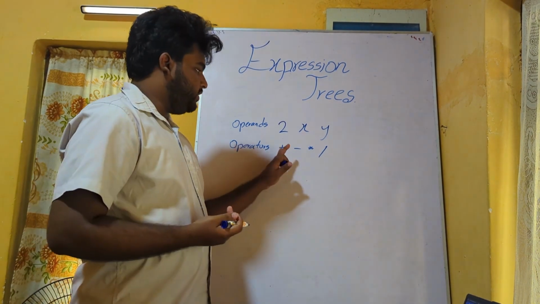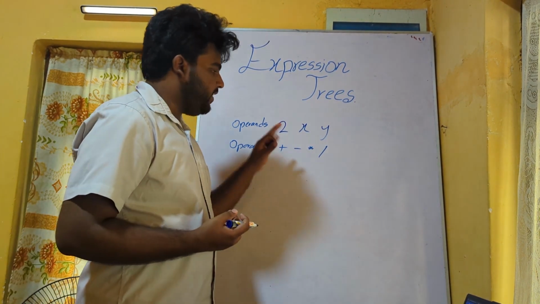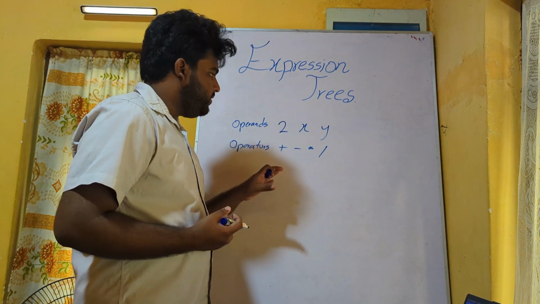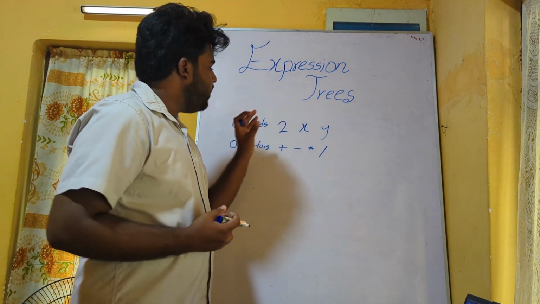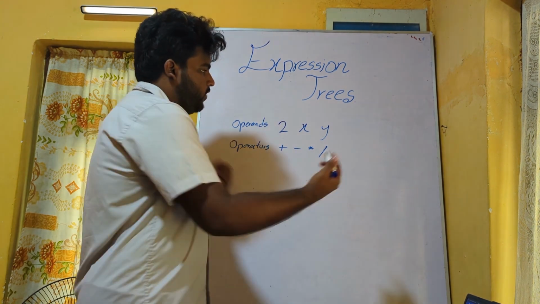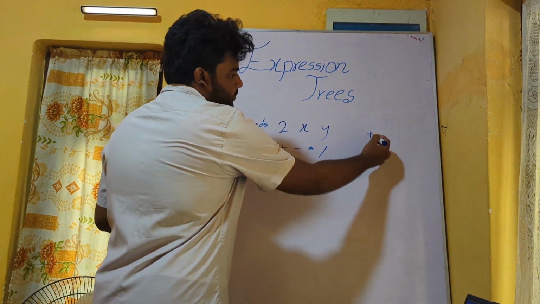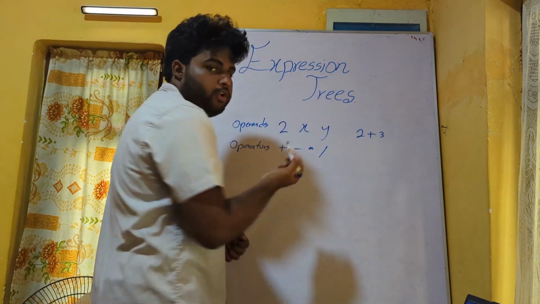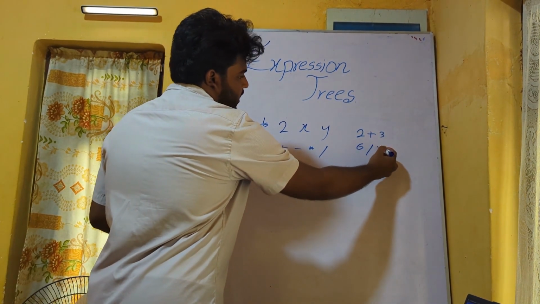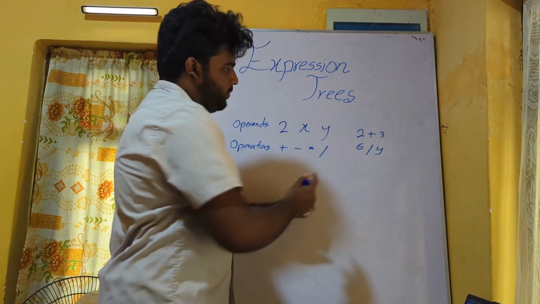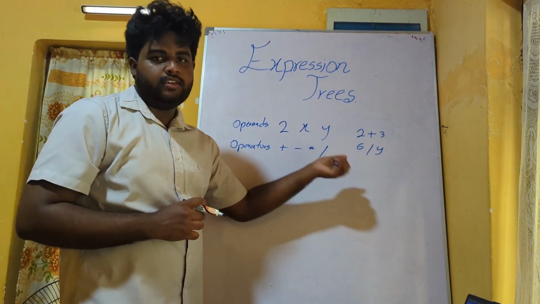Operators are addition, subtraction, multiplication, likewise. In basic expressions, every operator should contain two operands. For example, if you are writing a plus, then there should be two operands. If you are writing a divide, then there should be two operands. This can be a value or a number.